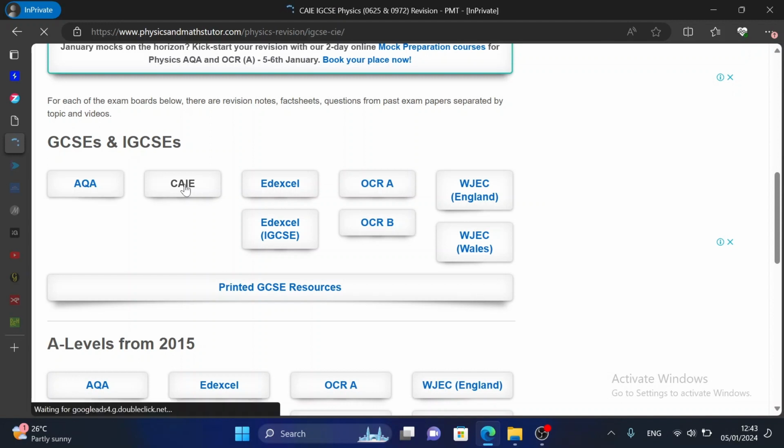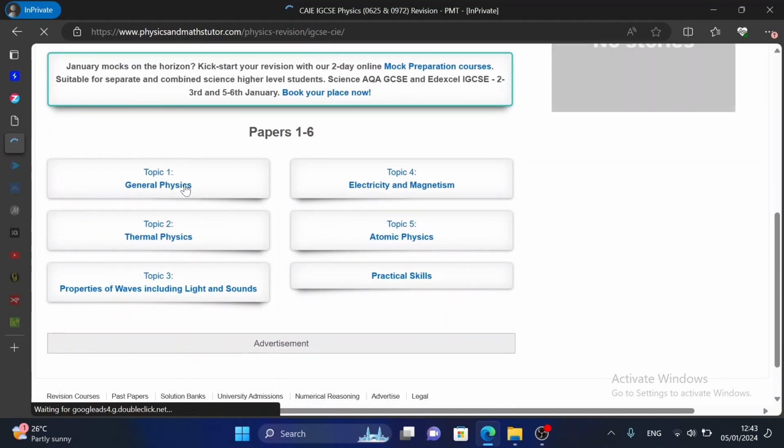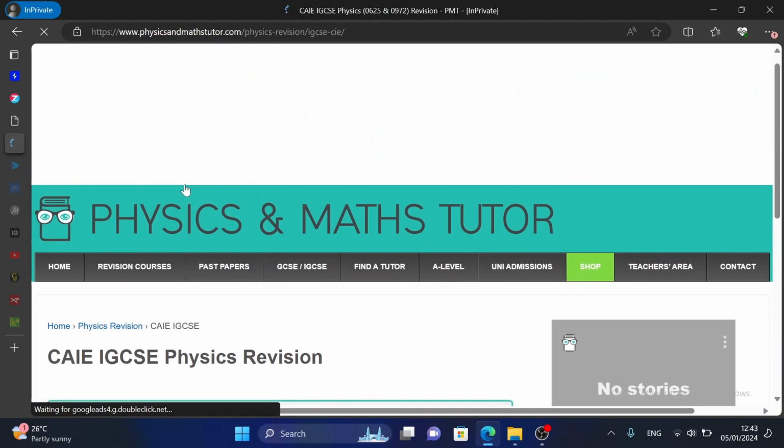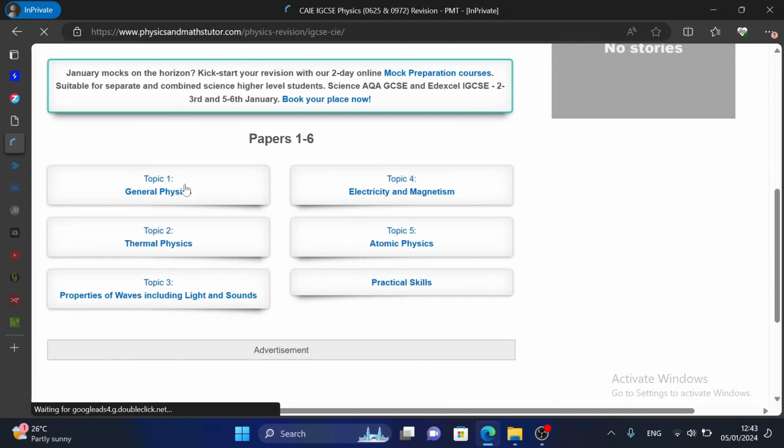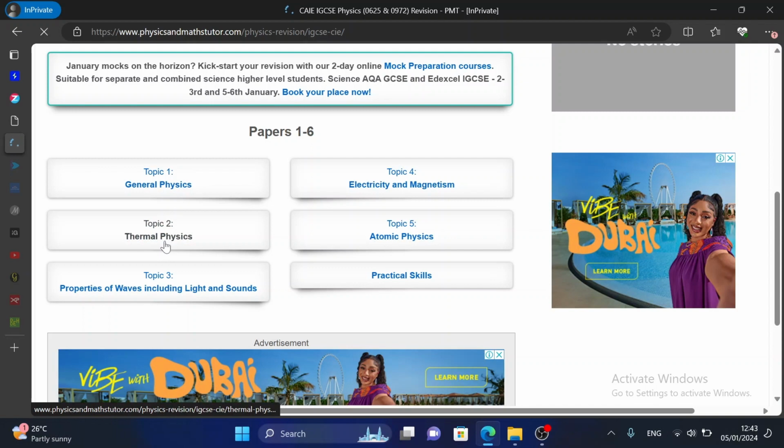Okay, so apparently I chose physics by accident. Okay, papers 1 through 6. Let's go paper. Okay, let's go topic 2, normal physics.